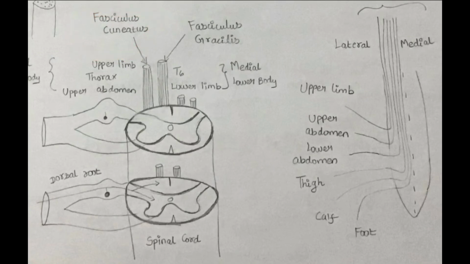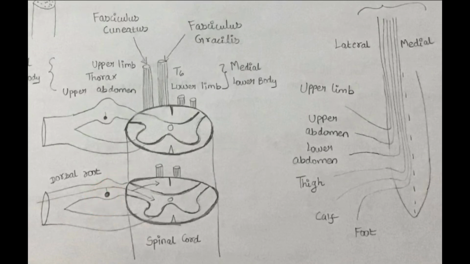So if you cut the upper part of the spinal cord, you can see both the fasciculus cuneatus and the fasciculus gracilis. Here you have the first order neuron outside the spinal cord, that is the dorsal root ganglion. We will see shortly where the second order neuron, third order neuron and fourth order neuron are.